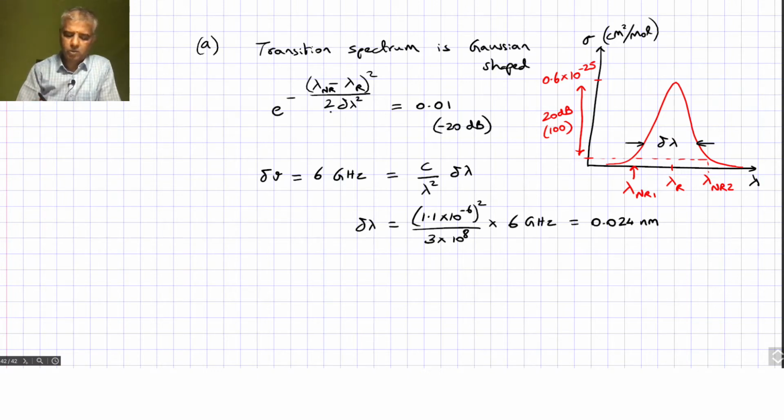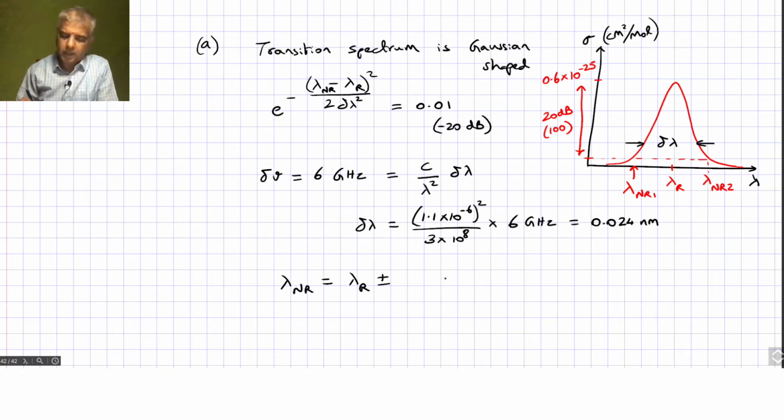So, that corresponds to 2 times delta lambda squared multiplied by the negative of ln of 0.01, and then you take the square root of that and move the lambda r to the other side, and that is how you can get lambda nr. So, if we do all of that, what we will find is lambda nr equal to lambda r plus or minus, it does not matter, because you can get either one of these values.